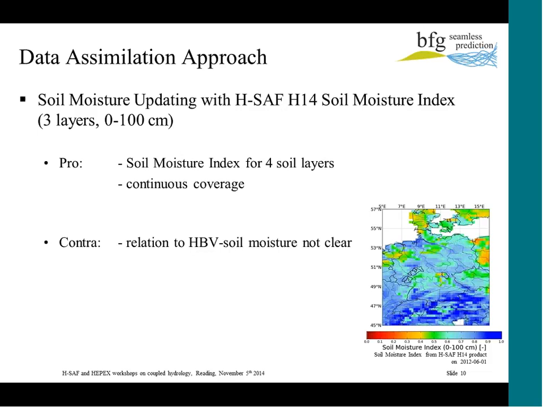And one main advantage compared to other maybe soil moisture products is its continuous coverage, since it is also a model result which assimilates microwave observations of soil moisture into the model. The downside of this is that the relation of this soil moisture index to HBV soil moisture is not so clear, since it is not given that the HBV soil moisture is in fact some physically based value.